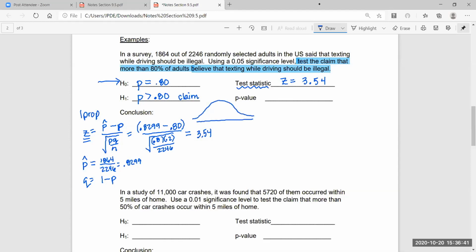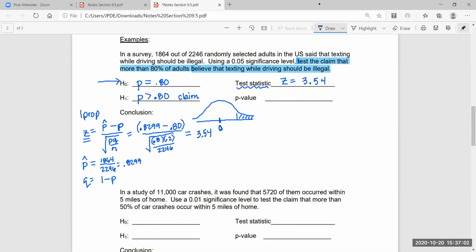So if we're going to visualize this, greater than goes over here. Okay. This is a Z scale. When we convert something to a Z, that means it's a standard normal distribution. So we have Z is 0. You could picture 1, 2, 3.54 is pretty far down there.